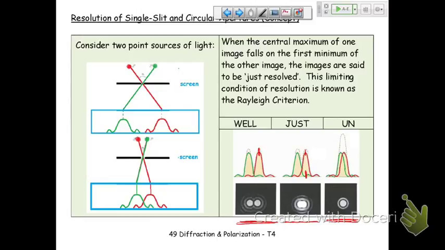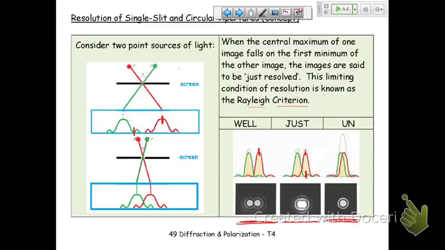This limiting condition is known as the Rayleigh criterion. So when the crest of one falls on top of the first trough of the other, you're just resolved. If they're outside, great. If they're inside, you can't resolve them. So it's a criterion we have.